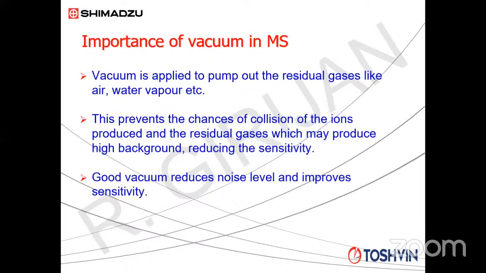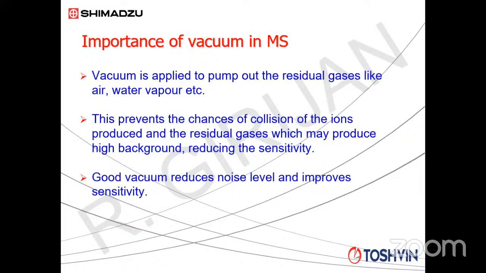There will be tremendous formation of background noise. And the background noise is going to be so much that your sensitivity is going to reduce drastically. That means you are going to lose your sensitivity and you are going to get a very noisy baseline. Sensitivity is practically gone. So to avoid this, all these residual gases should be pumped out as much as possible.